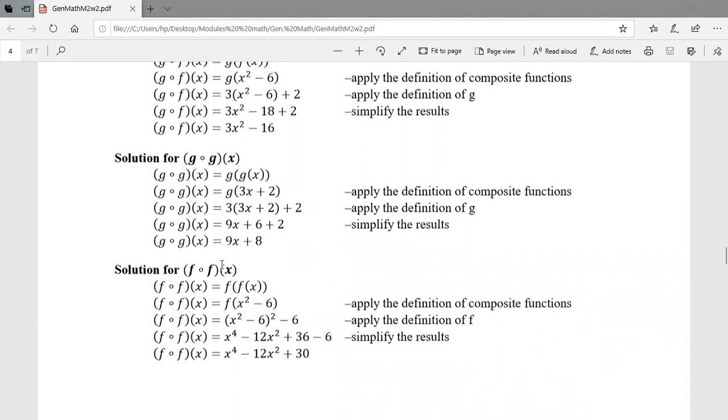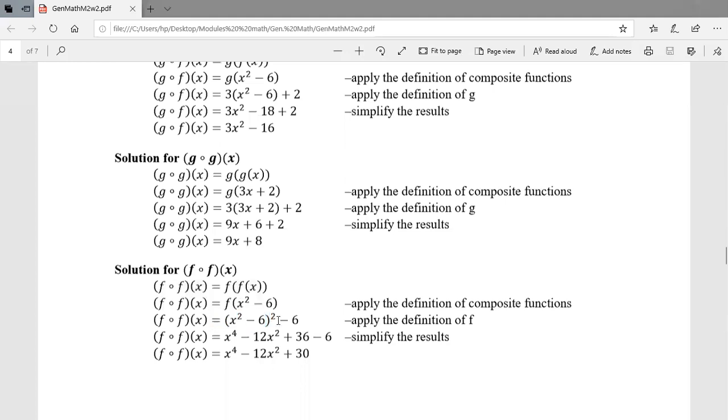And lastly, for f of f of x, substitute the value of x to f of x, which is x squared minus 6. So, x squared, we substitute x squared minus 6 raised to the power of 2 minus 6.